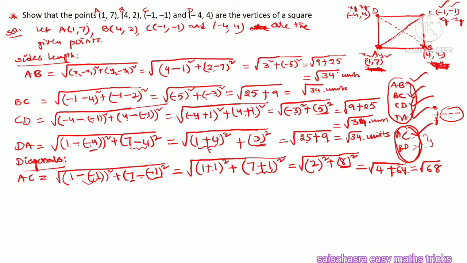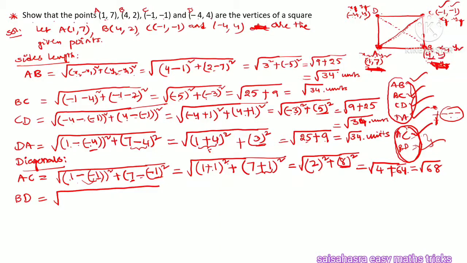Next we need to find out BD length. B to D length, the distance between B point and D point. So distance formula, under root x2 minus x1 whole square and y2 minus y1 whole square. Anyway here x1 y1 I have selected, so this I wanted to select as x2 y2.